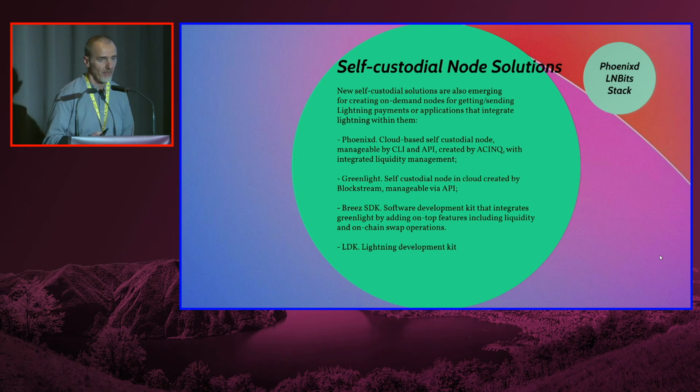This is created by ACINQ, so it has integrated liquidity management, so you don't have to worry about opening channels and balancing the channels, because it's ACINQ that opens a channel to your node, but you have a self-custodial node where you own the keys, so you are sovereign for your funds. And this, in my opinion, is the best one.